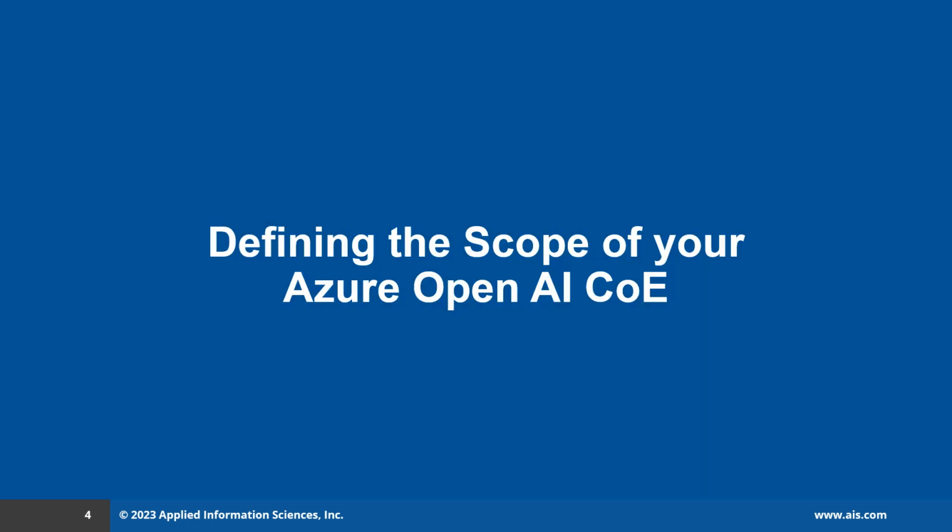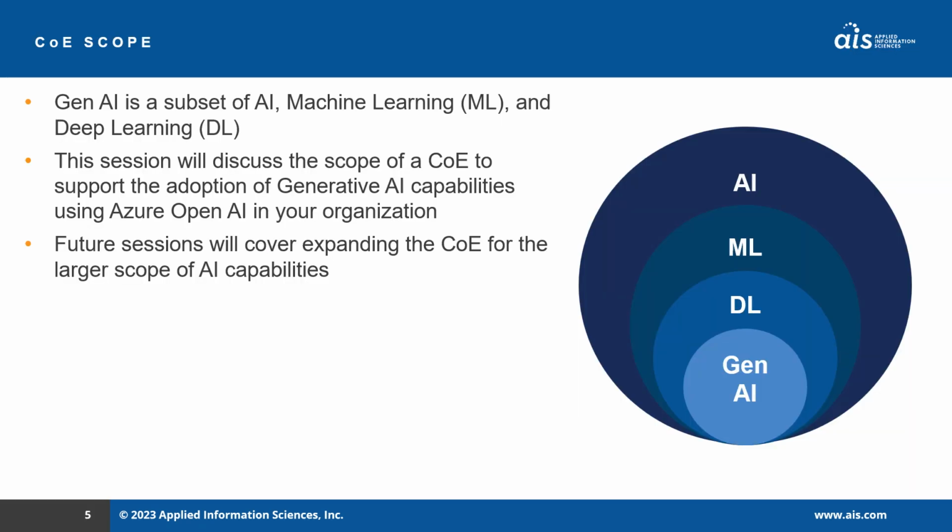So now let's talk about defining the scope of a CoE, particularly as it pertains to generative AI technologies. First and foremost, we have to take a step back and understand that when we talk about generative AI technology, it's really a subset of the much broader artificial intelligence domain.